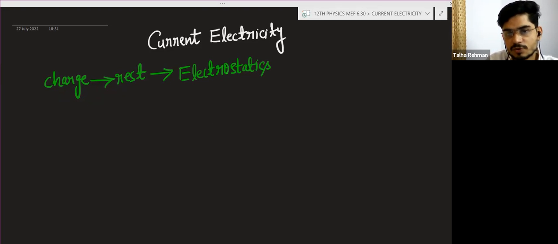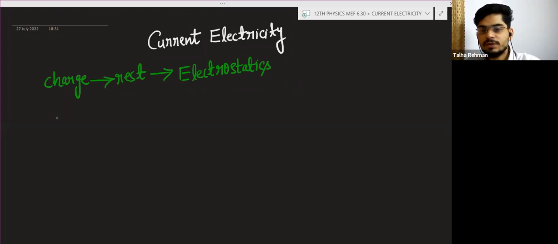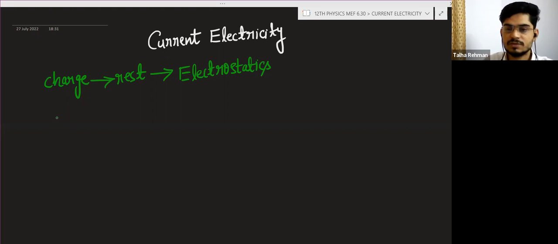Electro means charge, and statics means at rest. Now what will happen if the charge suddenly starts moving?